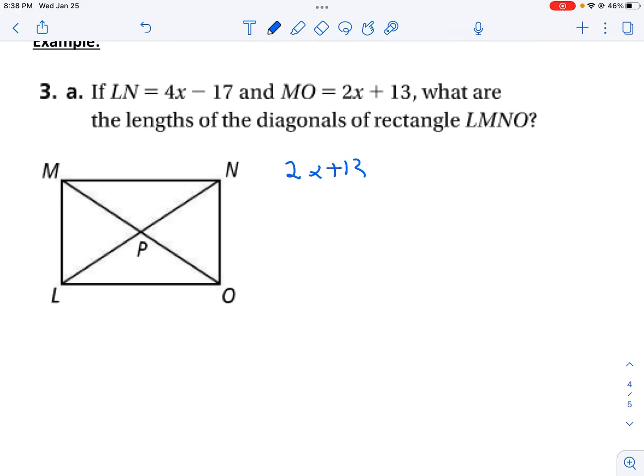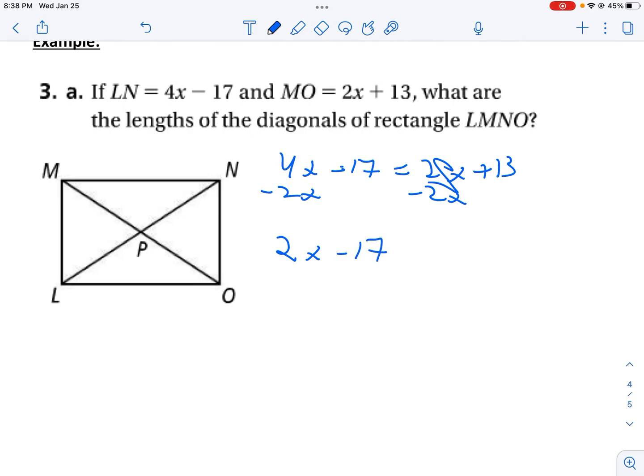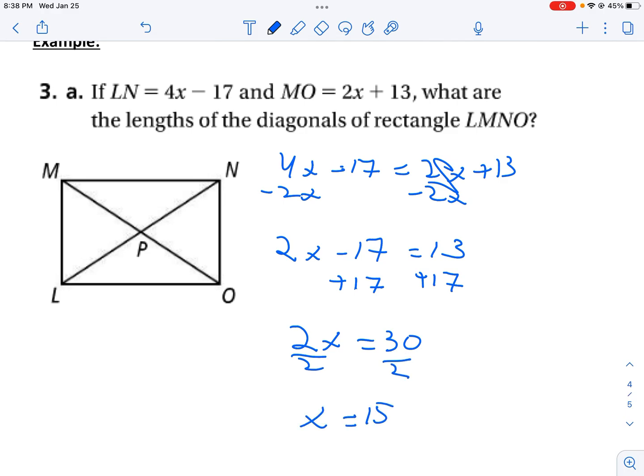So 4x minus 17 is equal to 2x plus 13. So get the variable to the left, we're going to subtract 2x from both sides. Add 17 to both sides. 2x equals 30, which gives me x to be 15.